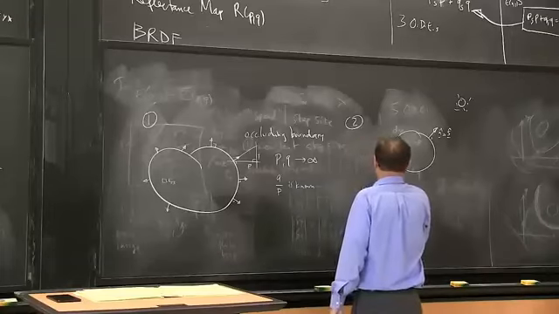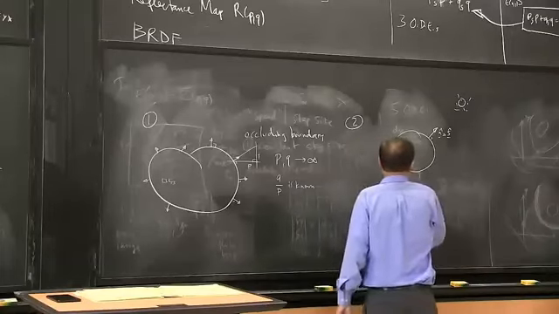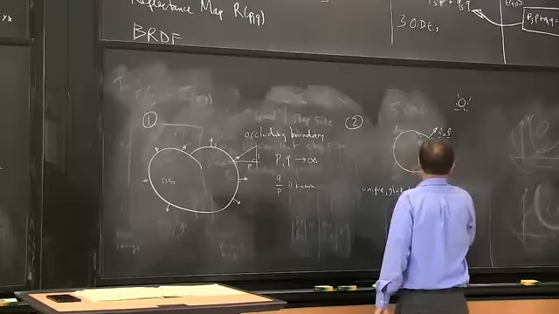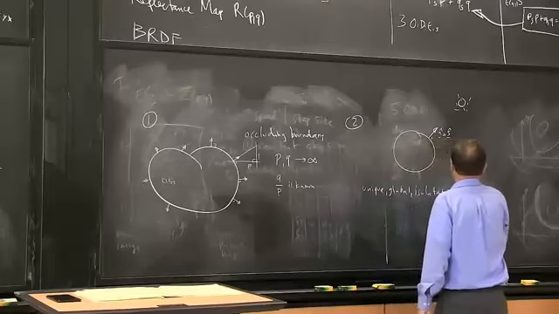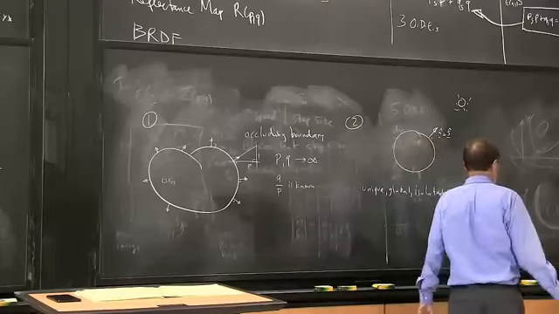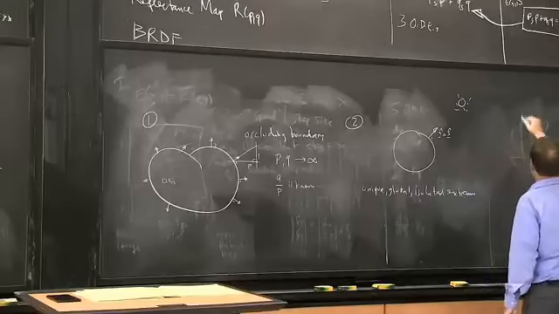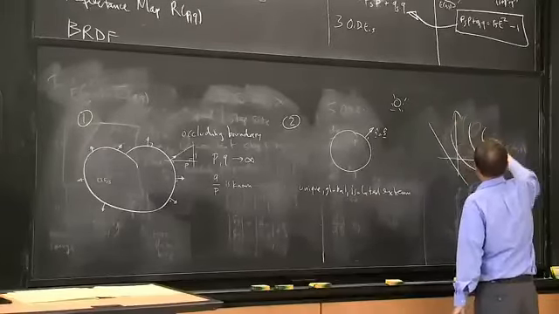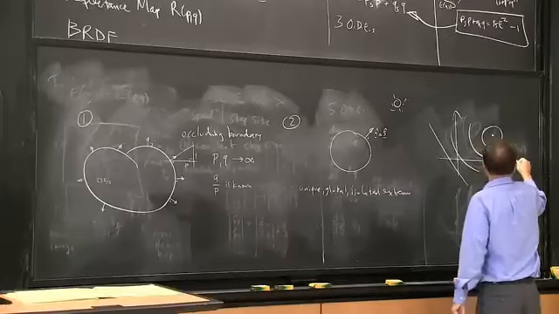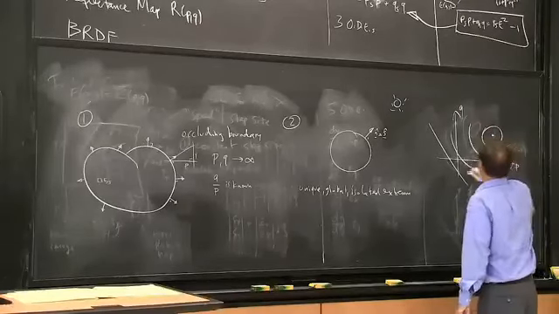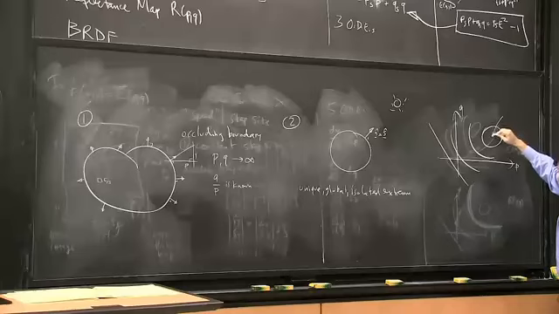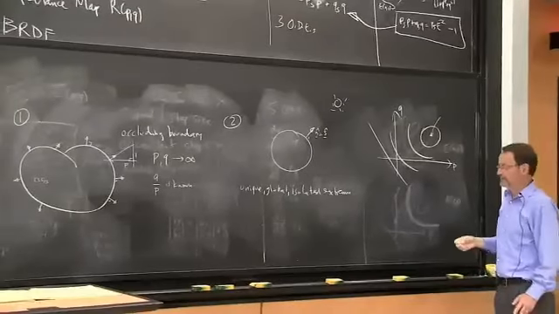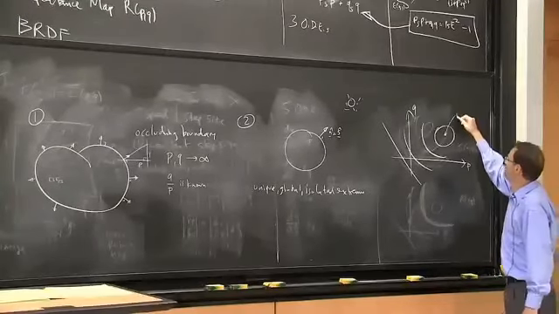Unique, global, isolated extremum. So if I go back to, for example, a Lambertian surface, I have a reflectance map like this, and here is my unique, global, isolated extremum.